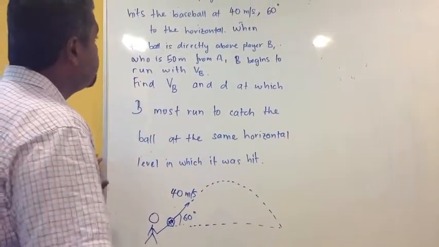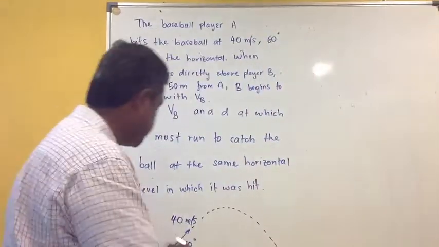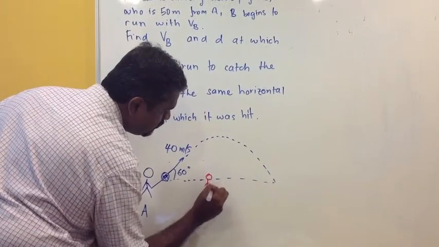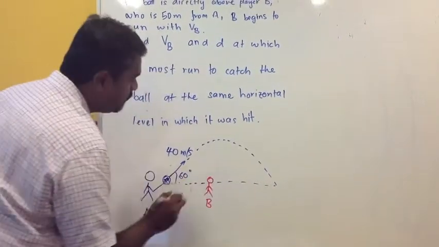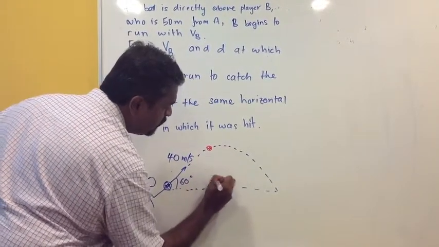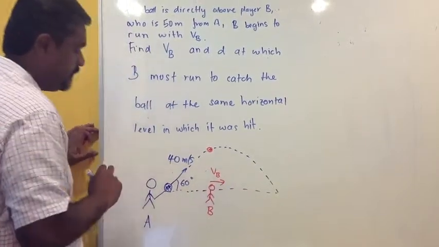Okay, when the ball is directly above player B, so we have another player who is standing somewhere here, and this guy is B, player B begins to run with a velocity of VB.